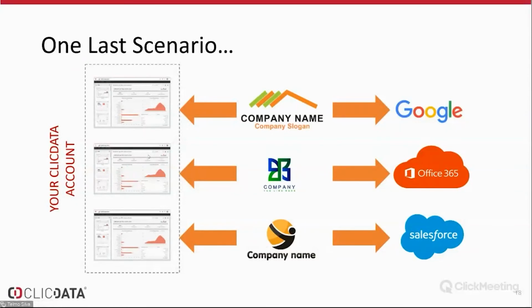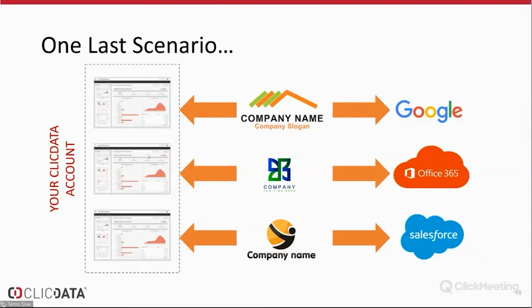So how can the owner of ClicData offer this to their customers in such a way that they don't have to manage usernames and passwords for their own customers, but let the customers themselves handle that?